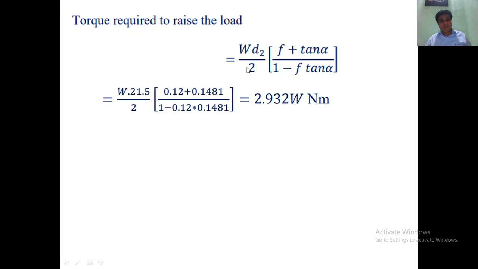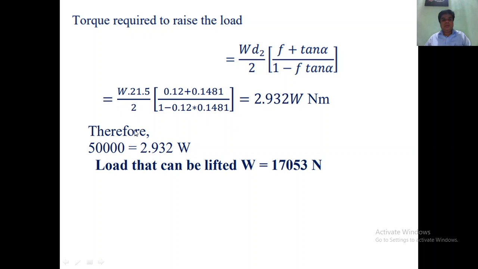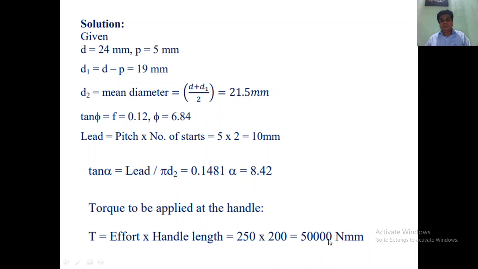Using both equations, W is unknown, while d2, alpha, and the coefficient of friction mu are known. After substituting the values, we get the torque in terms of the weight to be lifted, which is unknown. So we have two equations: one is the torque required here, and the other is the torque from the analysis.